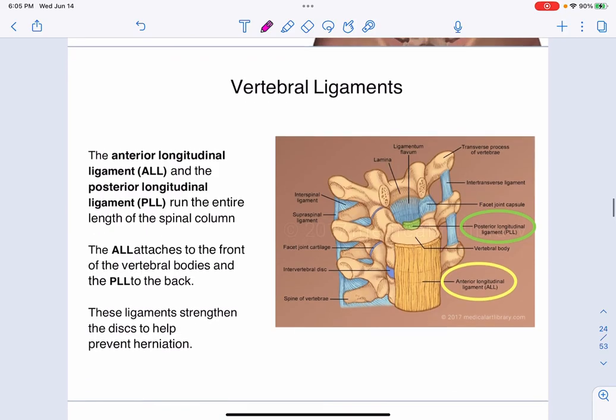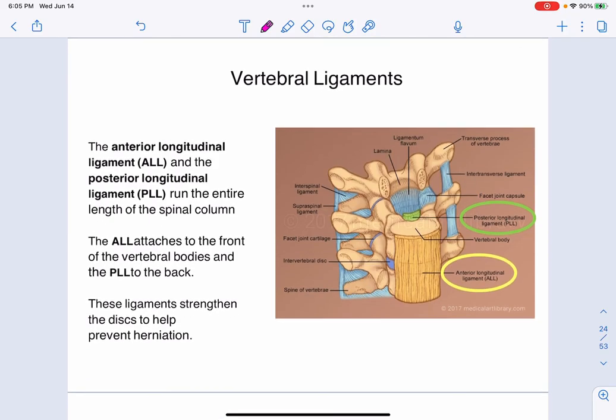There are a few important ligaments that help support the vertebral column. So I just want to go over these ligaments so that you are aware of them. So on this slide, I've highlighted two of them. One of them is called the anterior longitudinal ligament, and one of them is the posterior longitudinal ligament.